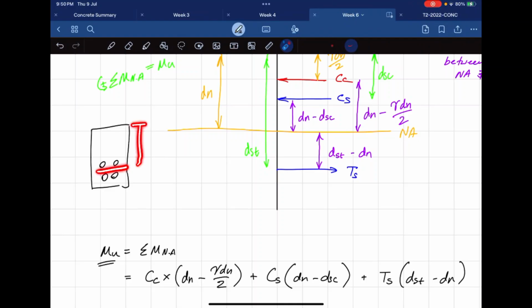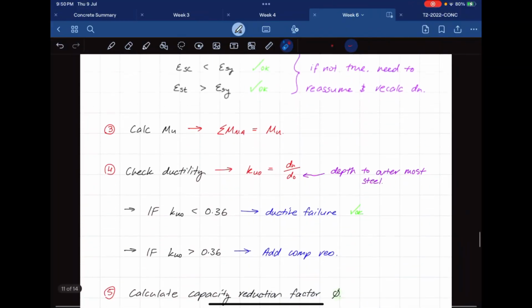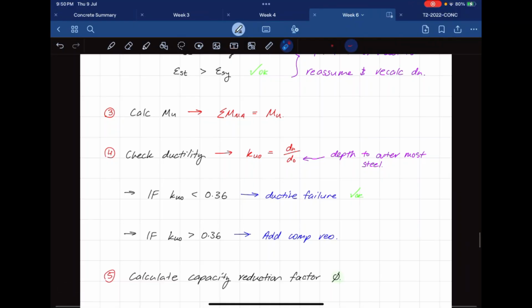DST is going to be at the centroid of the 4 bars, but the DO is going to be to the outermost bar. You just plug it in, you do dn over DO. There's 2 cases. It's either below 0.36, which is what we want, a ductile failure. If it's greater than 0.36, then we need to add ductility, or we need to add compressive steel to it.